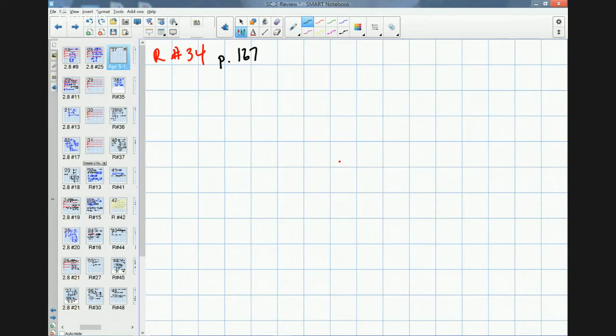Okay, 34, we have y equals x cubed minus 5 plus 3 over x cubed, and the point is -1, -9. Okay?